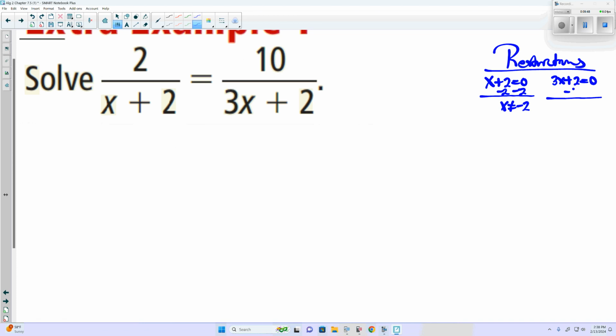Our 3x plus 2, we would subtract 2, telling us 3x would equal negative 2. Divide both sides by 3, telling us x cannot be negative 2/3. And if we got one of these two values, we would just cross it out and be done.